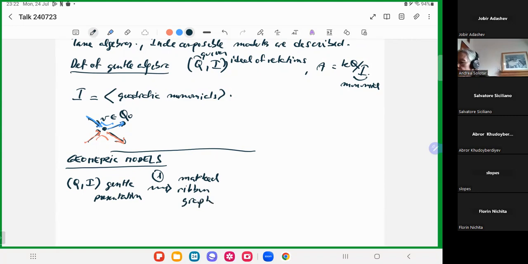And once I have this marked ribbon graph, let me call it G, it is possible to associate to it what is called a marked ribbon surface that we are going to call S_G.